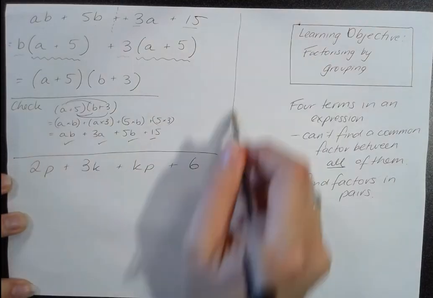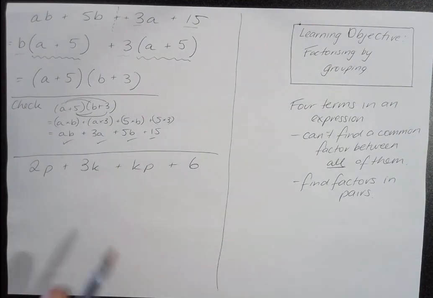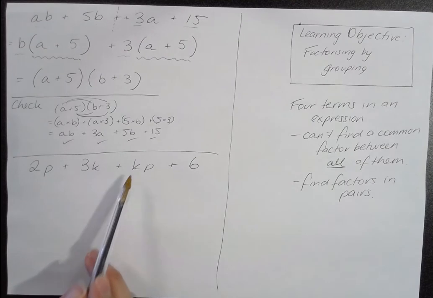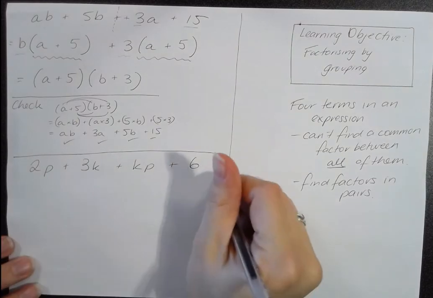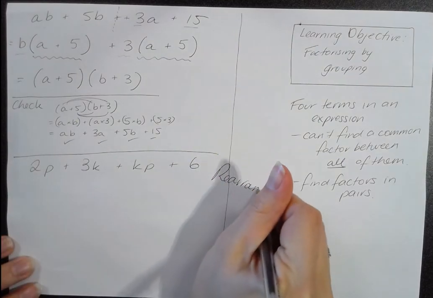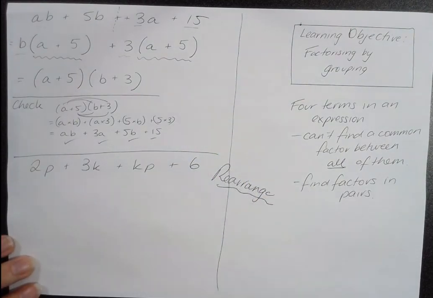Let's try our second example now. This time we've got 2P, 3K, KP and 6. Once again, we can't find a common factor between all of them. So what we need to consider is that we need to rearrange it firstly, so that we have pairs with a common factor.